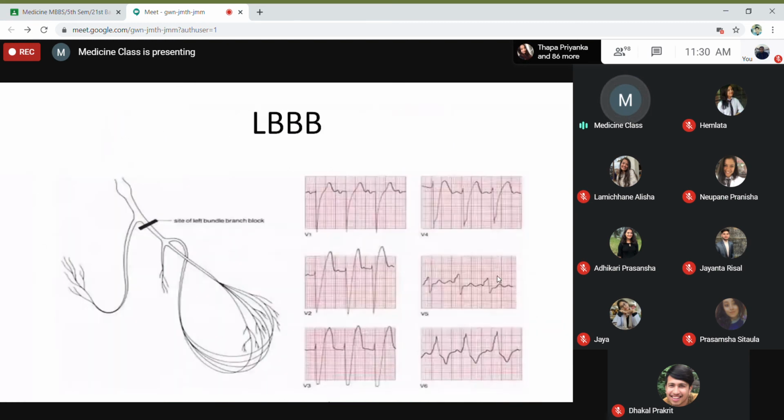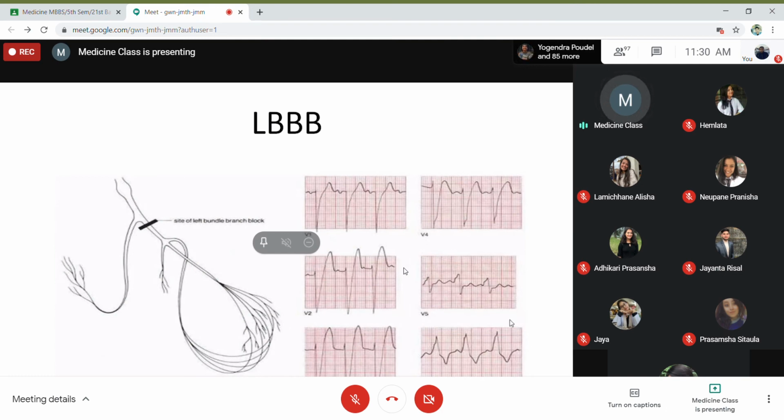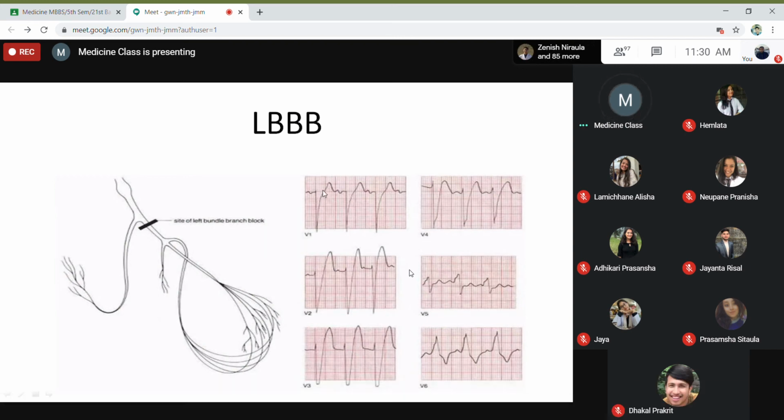In left bundle branch block, you will have this kind of morphology with a broad notched QRS complex with T-wave inversion in V5, V6. As these are left-sided leads, you find that in the left side, with a deep S wave in V1.